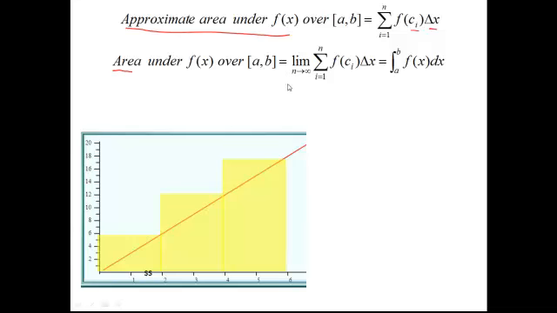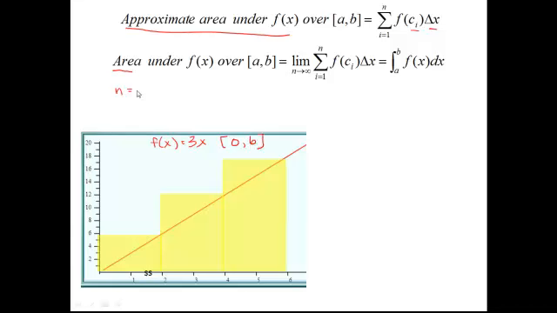So this is what I want you to consider. Instead of choosing, as in the last example, an n, a number to divide the overall interval into, we're still going to look at the function f of x equals 3x over the interval from 0 to 6.